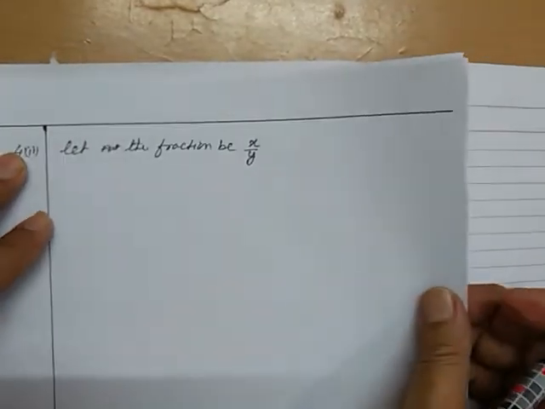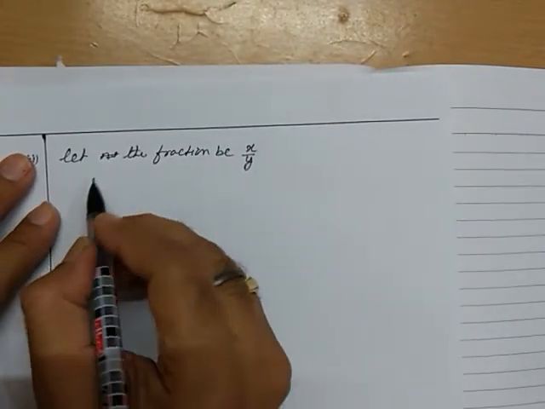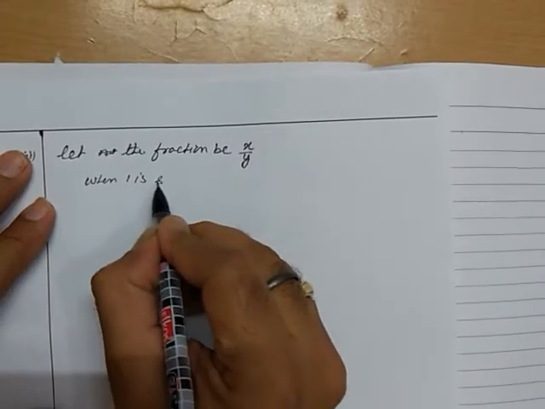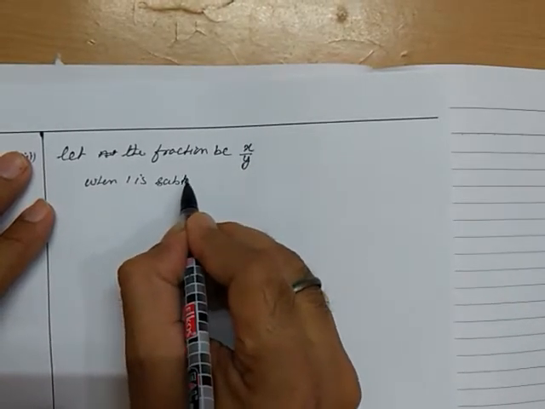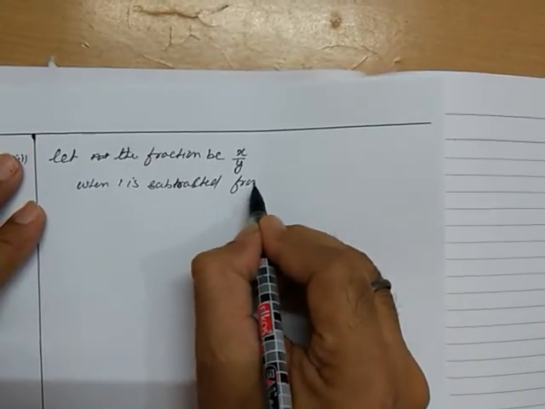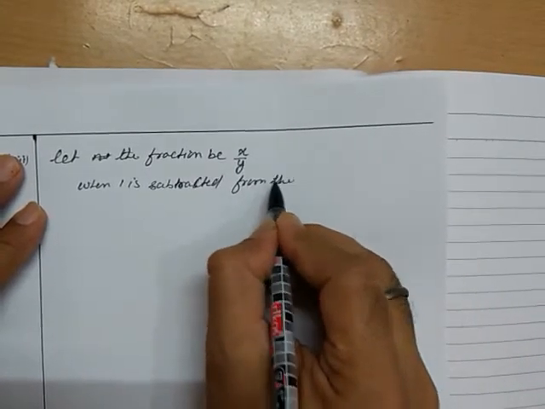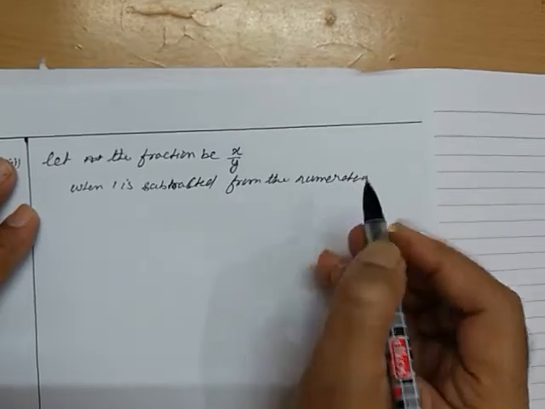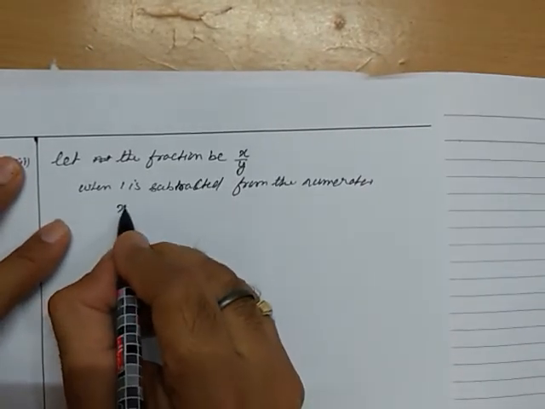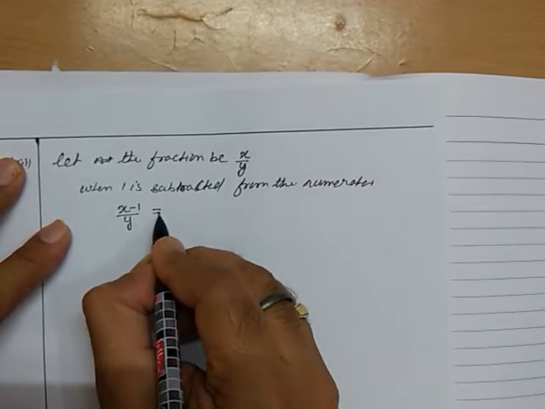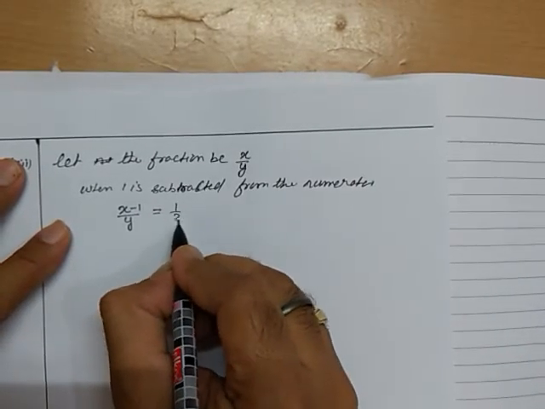So when 1 is subtracted from the numerator, this will become x minus 1 upon y. So this will become your 1 upon 3.